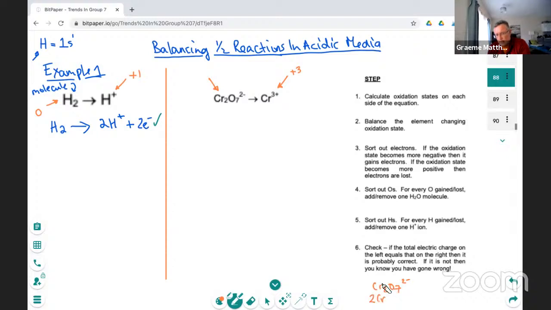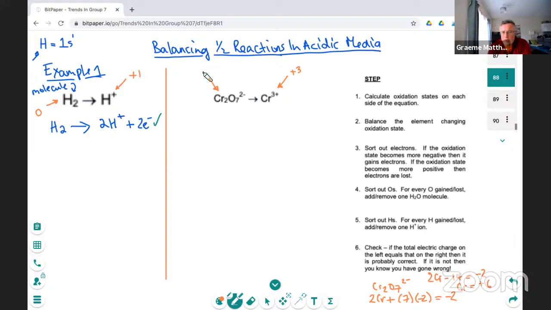Again, it's a transition metal, so it's going to have a variable oxidation state. Plus 7 times -2 equals -2. So 2 chromiums minus 14 is equal to -2. Therefore, I think you would agree the chromium is +6.